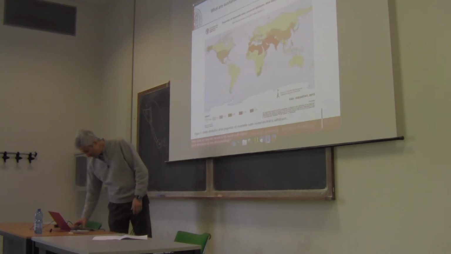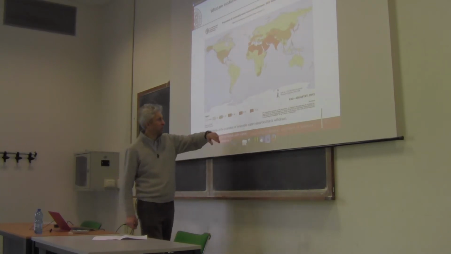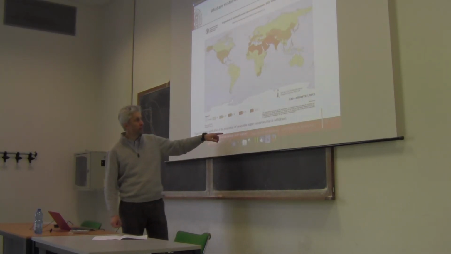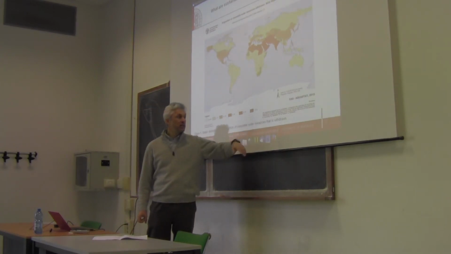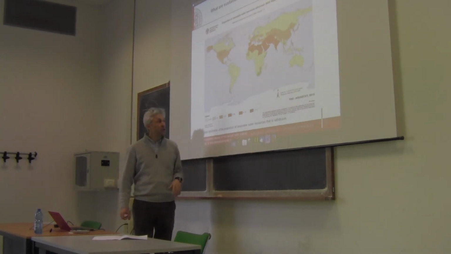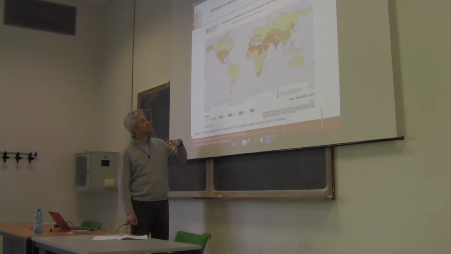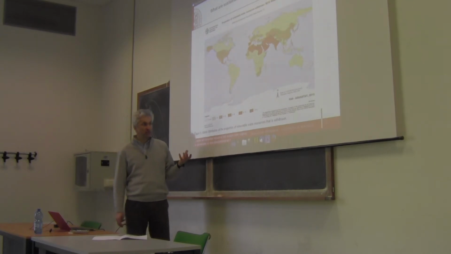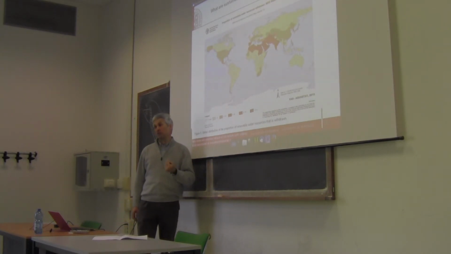Okay, and this is another graph from Aquastat. This is the global distribution of the proportion of renewable water resources that is withdrawn. So basically, what does this picture tell you? If the proportion of renewable water resources that is withdrawn is low, this is a problem, because it means that what is withdrawn is non-renewable.